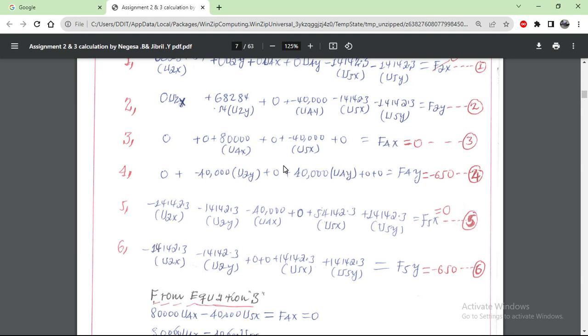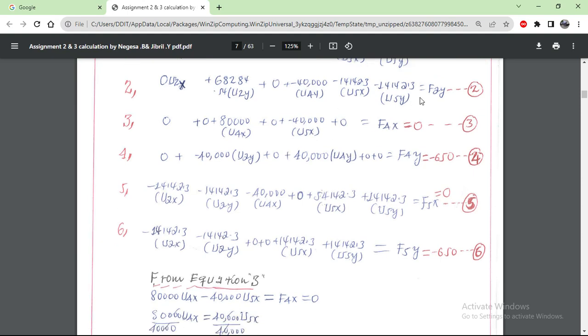Then from equation number 3, 0 means the force in the x direction is not given. This negative 650 means the load is given at point number 4 in the negative y direction. On number 5 also the direction shows a downward load. Then F5x we have 0.